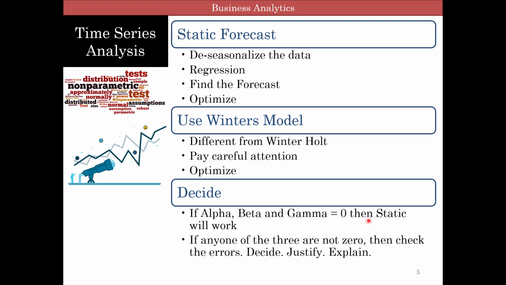If any one of the three were not 0, we would check to see if the errors were smaller, and then you'd need to justify or explain why you're using the adaptive method. Because any one of them is adaptive, we would need to use the adaptive method and move on. In this particular case, beta and gamma were 0, so trend and seasonality were static. Level was adaptive.